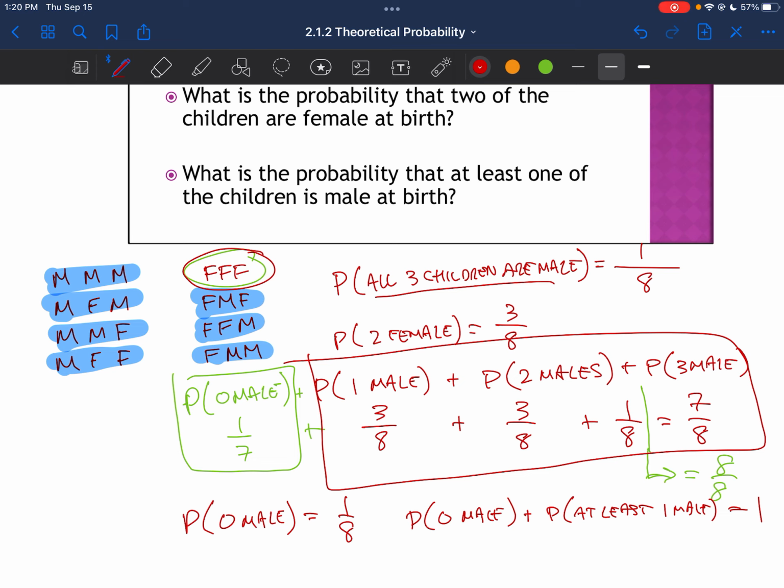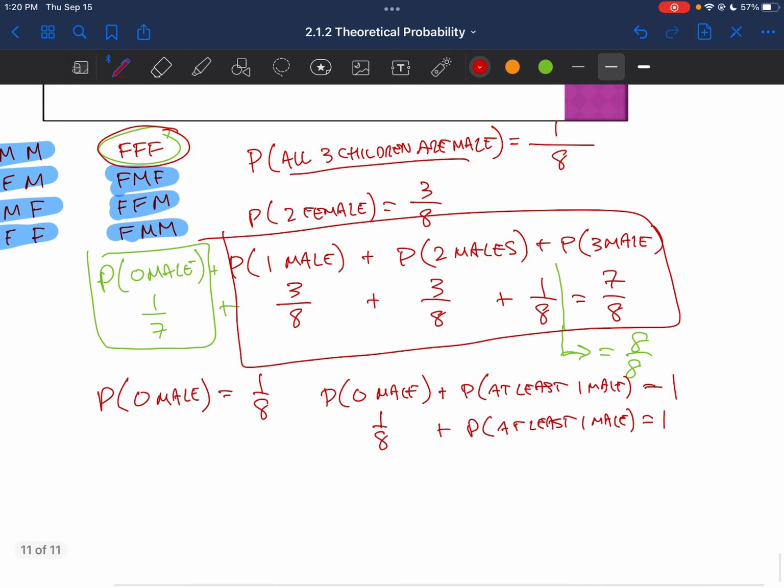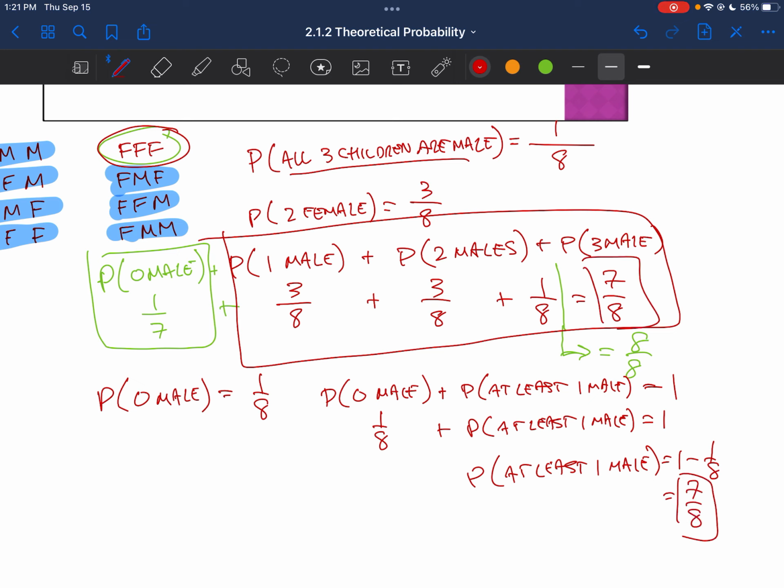And so what I could do is, if I know this value and I'm looking for this value, I can just solve this equation. So I'm going to subtract 1/8 from both sides, and the probability that there's at least 1 male is 1 minus 1/8, which is 7/8. And so we get the same value no matter what.